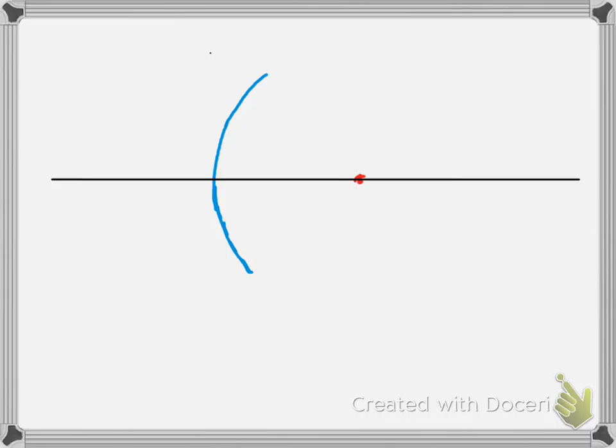Okay, so here's a convex mirror. The reflective side is out here. What do you immediately notice about C? It seems like it's on the wrong side.